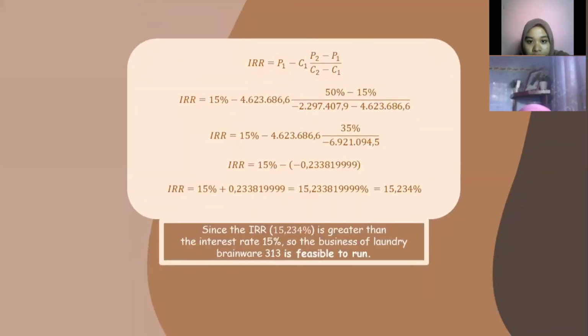And then we use the formula P1 minus C1 times P2 minus P1 divided by C2 minus C1.